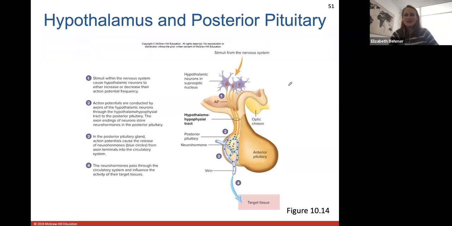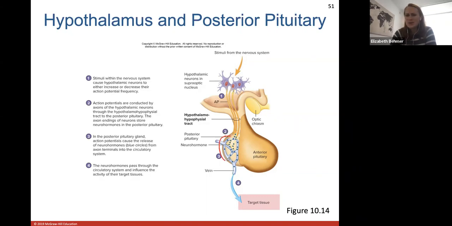This describes how the hypothalamus controls the posterior pituitary gland. It's a little bit different in that stimuli from the nervous system act on the hypothalamus to increase or decrease action potentials. These action potentials travel through the hypophyseal tract, which is made of neurons, and the axon endings of the neurons store the neurohormones in the posterior pituitary.